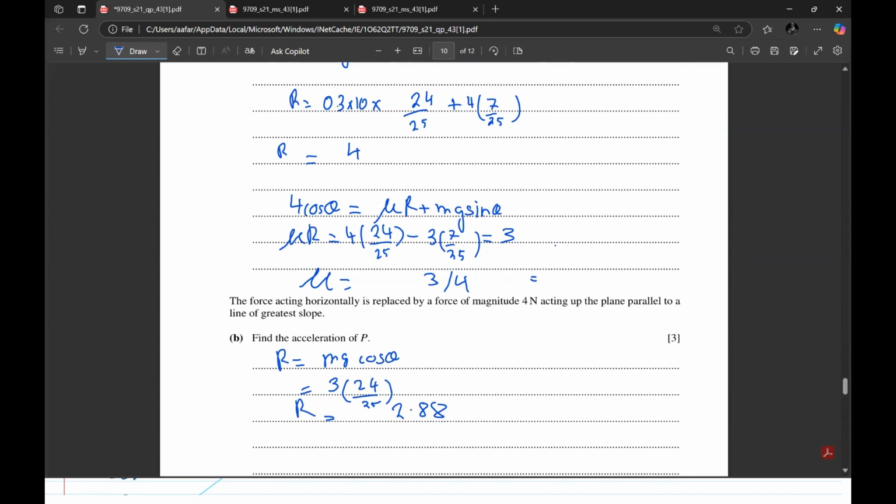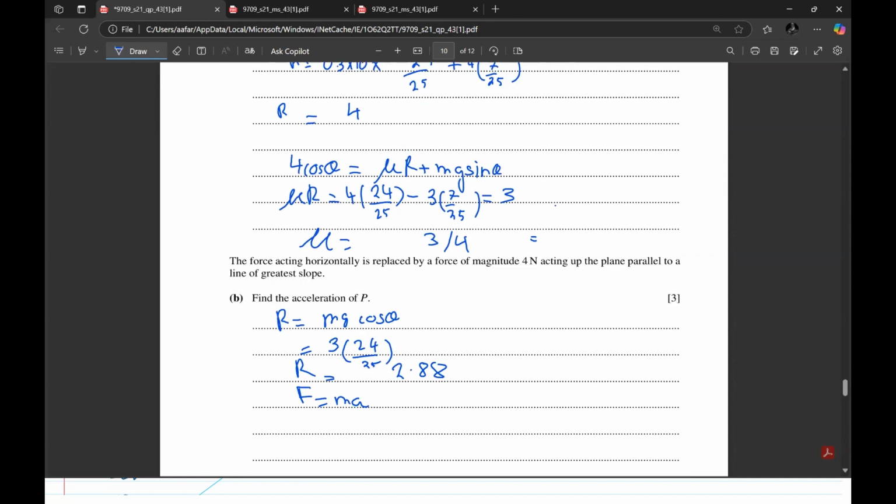So the greatest acceleration will be, net force equal to mass times acceleration. Net force will be 4 minus friction, which is 2.88 over 4, minus the component of the weight of the particle.